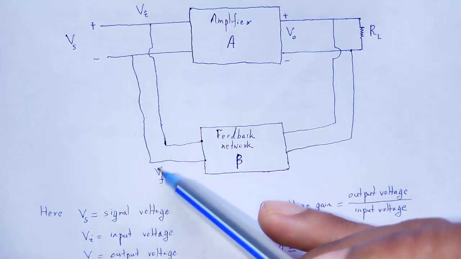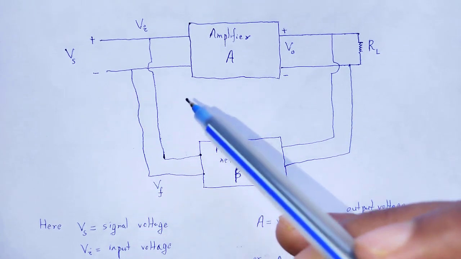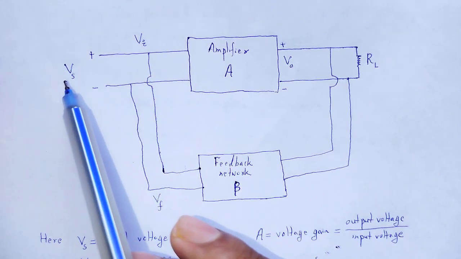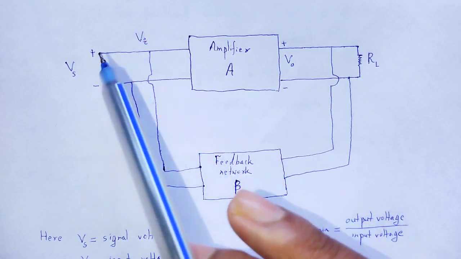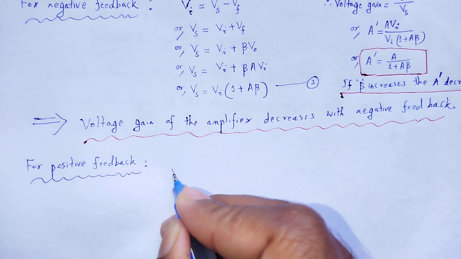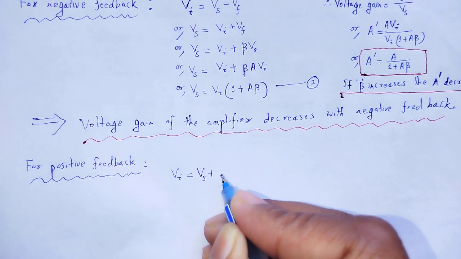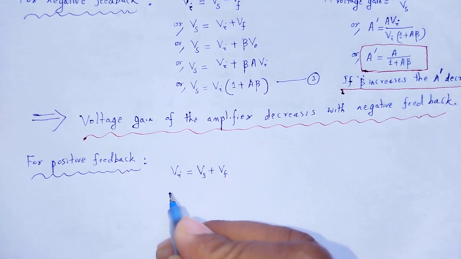For positive feedback, the feedback voltage Vf is now added to the signal voltage in order to find the input voltage. For positive feedback, the input voltage is equal to the signal voltage plus the feedback voltage.